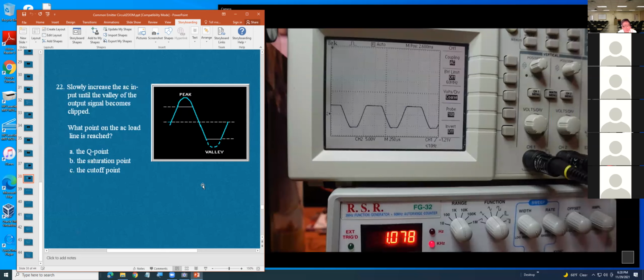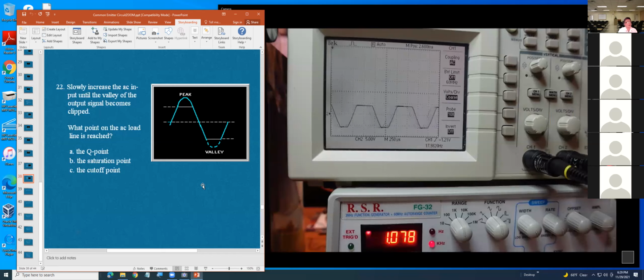That's just the effect of the resistor value, correct? Basically, if you try to apply too much voltage at the base, you force the transistor into saturation. Okay.